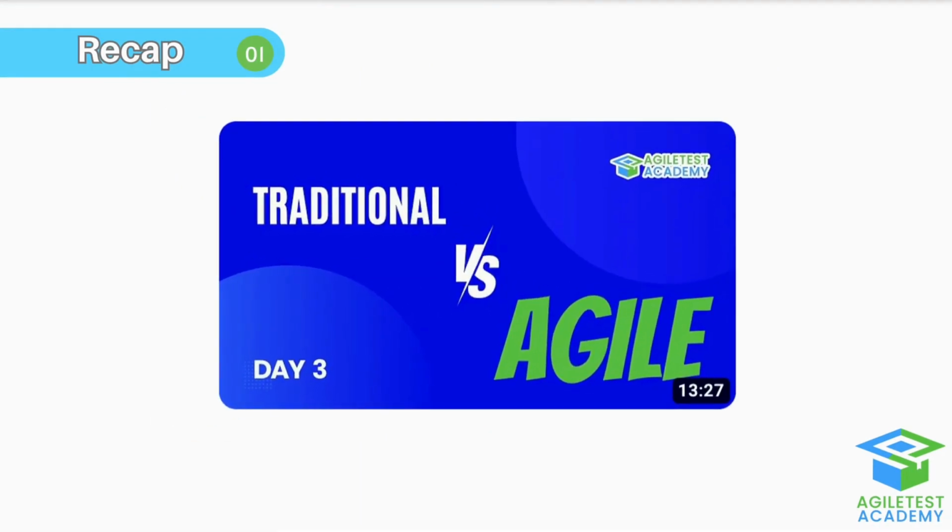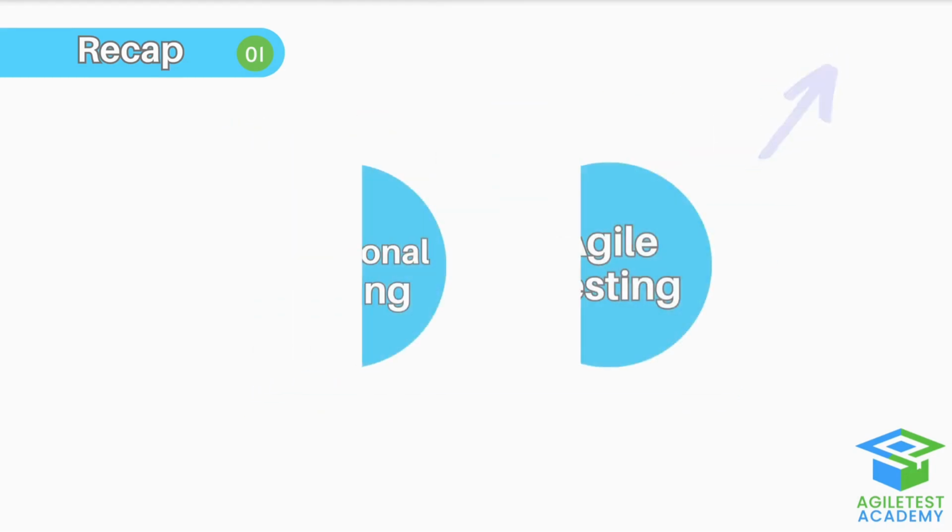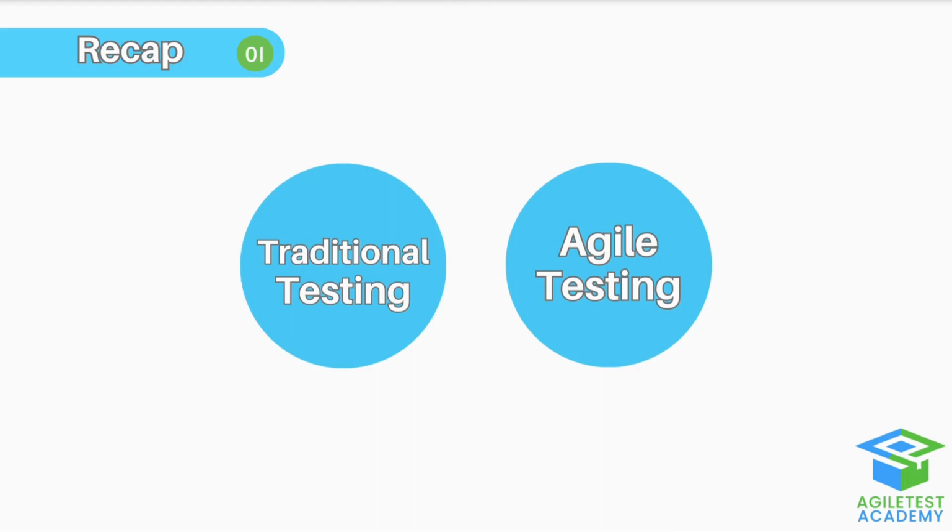First of all, let's recap everything we discussed in the last video, Day 3, Traditional versus Agile Testing, which is better in 2023. You can check the link here. Both traditional and agile testing methodologies are integral components of the extensive software testing domain, yet they encompass distinct approaches and practices, each characterized by its unique set of principles and methods.